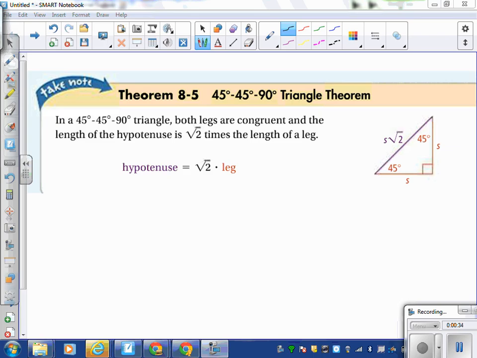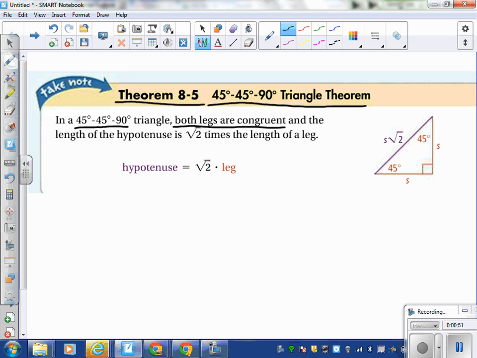Okay, let's take a look at this next theorem. Theorem 8-5. You have a 45, 45, 90 triangle. What is this theorem trying to say? When you have a 45, 45, 90 triangle, both legs are congruent, which means they're the same. So you have a leg over here and a leg over here, S, both congruent.